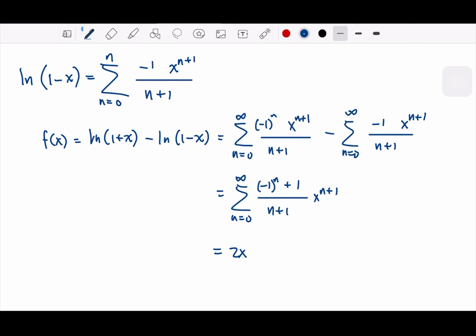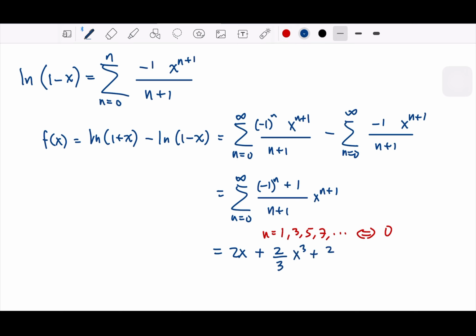Okay. Check for n equal 1. For n, let me write here. For n equal 1, 3, 5, 7, it becomes 0, right? So we just skip 1, so take 3. We take 2, sorry, we take 2. It becomes x cubed. It will be 2 over 3 x cubed.